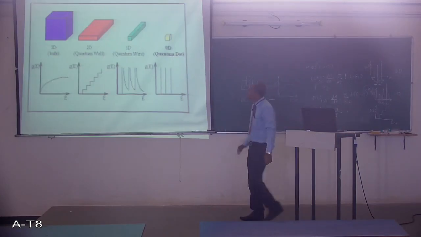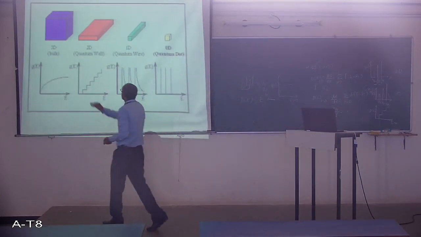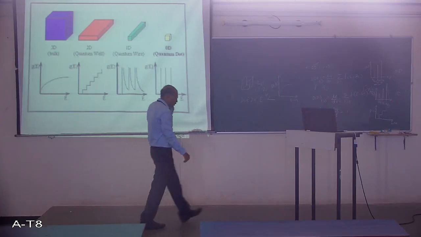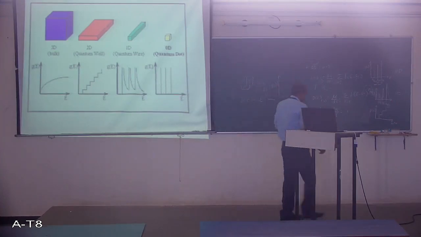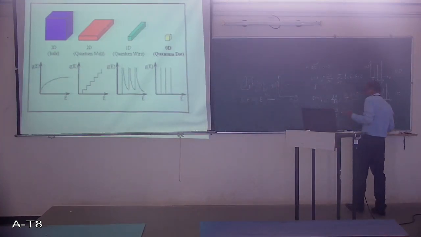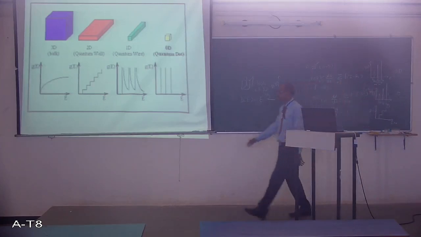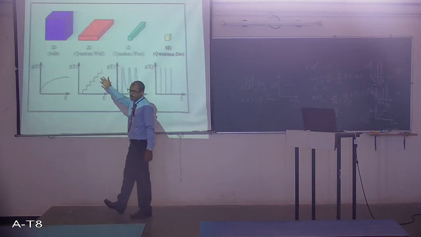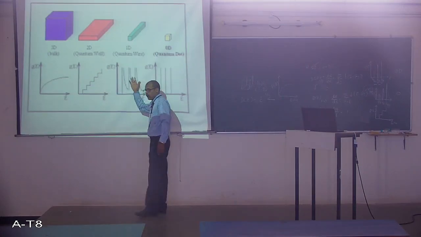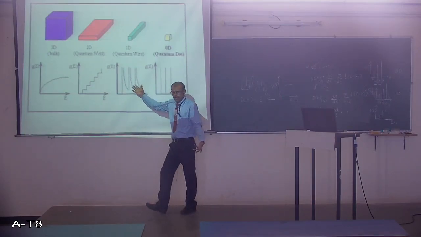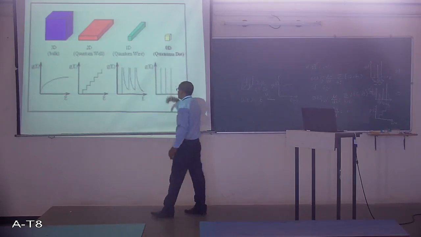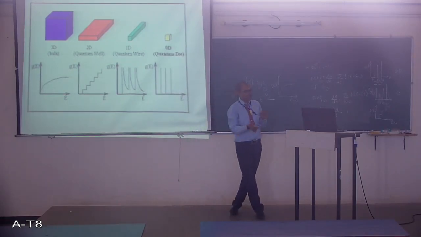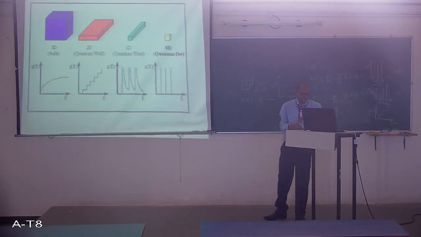Now I am going to compare all four materials: bulk material, the quantum well, also called the thin film, next quantum wire, some are tubes also, and 0D, which you call the quantum dot or a nanoparticle.